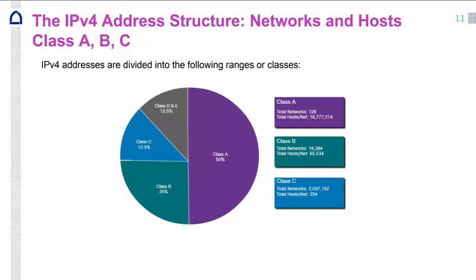Class B, the first 2 octets are for network ID. The other 2 octets are for host ID. So here it is balanced. You have network ID 16,000, host ID 65,000. The third one is class C. Here we have 3 octets for the network ID, and 1 octet for the host ID. Okay. Class D and E are only 12.5% share.